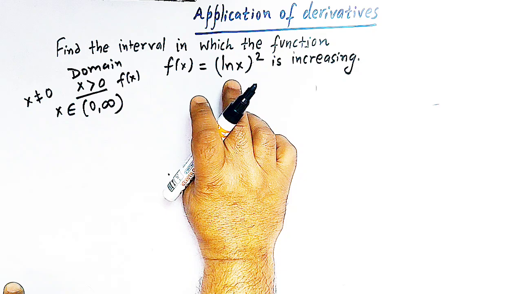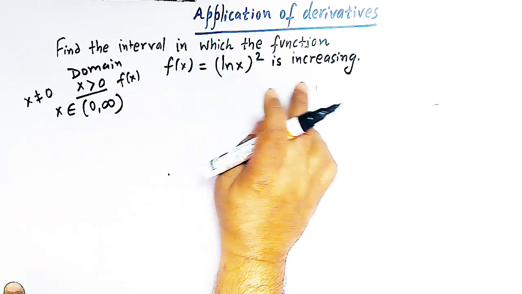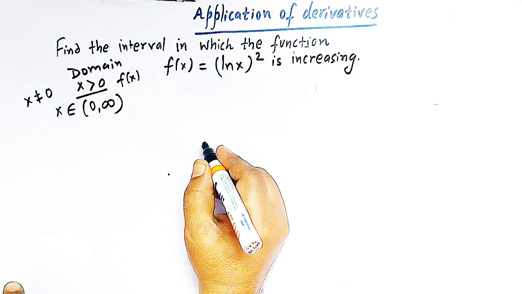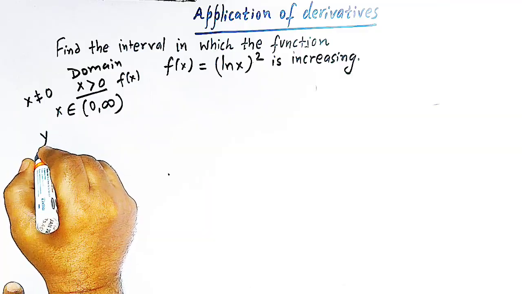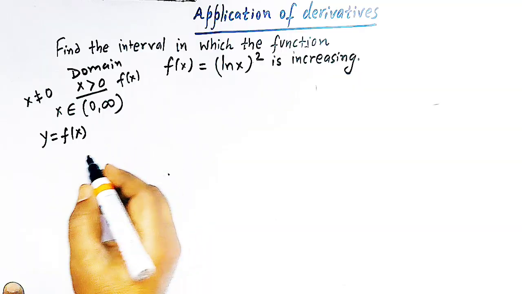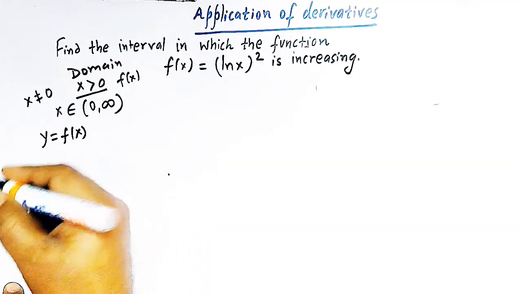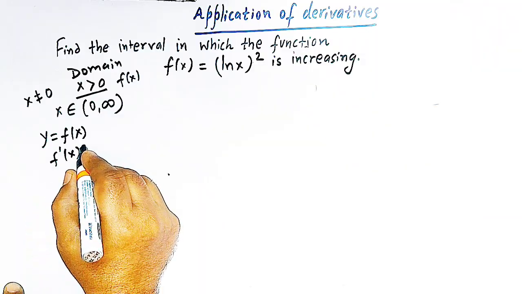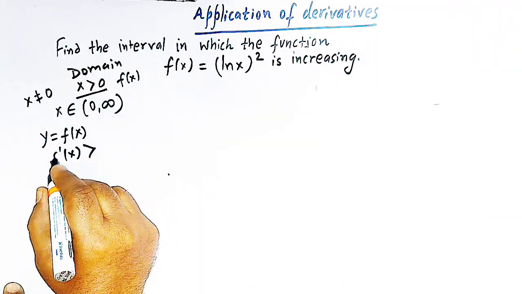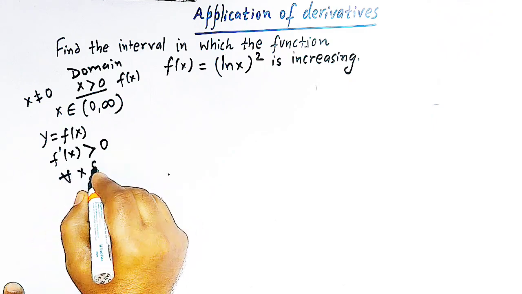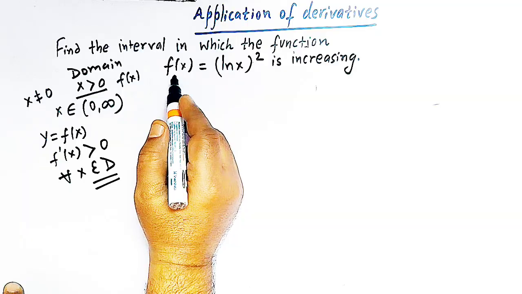Now to find the intervals in which this function is increasing, we have to make use of the definition of an increasing function with the help of derivatives. We know that if a function y is equal to f of x is said to be an increasing function in its domain, then the derivative f prime of x should be positive, that is f prime of x greater than 0 for all x belonging to the domain of the function.